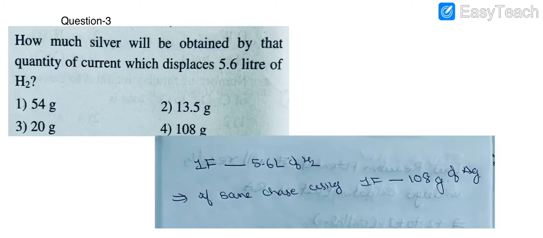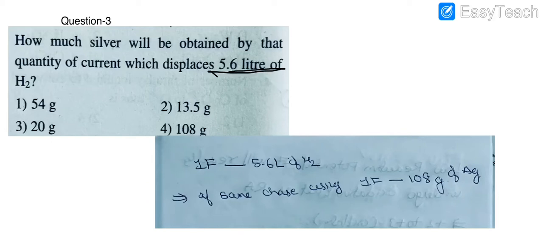Or 11.2 liters of hydrogen you are getting, same current, how much copper is deposited? Like that, questions will be asked. First, in that type of question you have to find how many Faradays the 5.6 liters is related to, for hydrogen, or if oxygen is given, oxygen, or chlorine. Or if they give mass, 2 grams of hydrogen means how many Faradays.